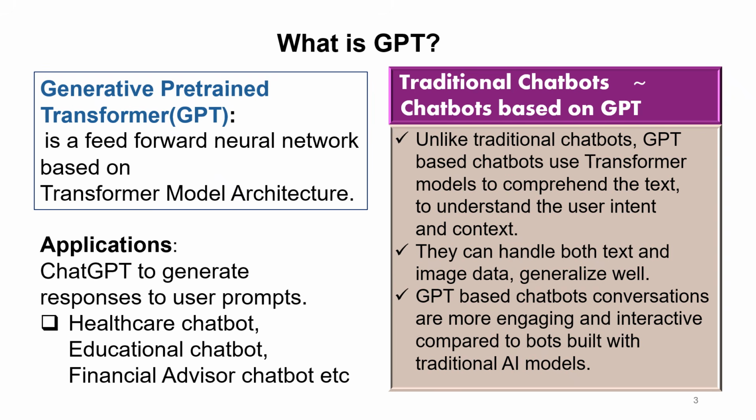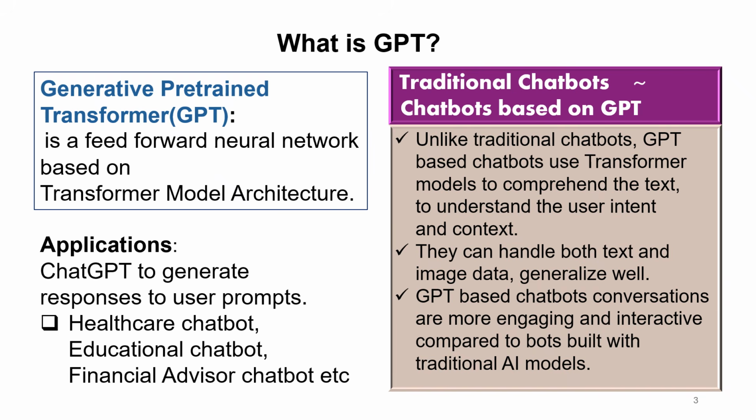ChatGPT generalizes the text well. ChatGPT, based on GPT, can handle text, image data, and audio data. GPT conversations are more engaging and interactive compared to bots built with traditional AI models. ChatGPT is from a company called OpenAI.